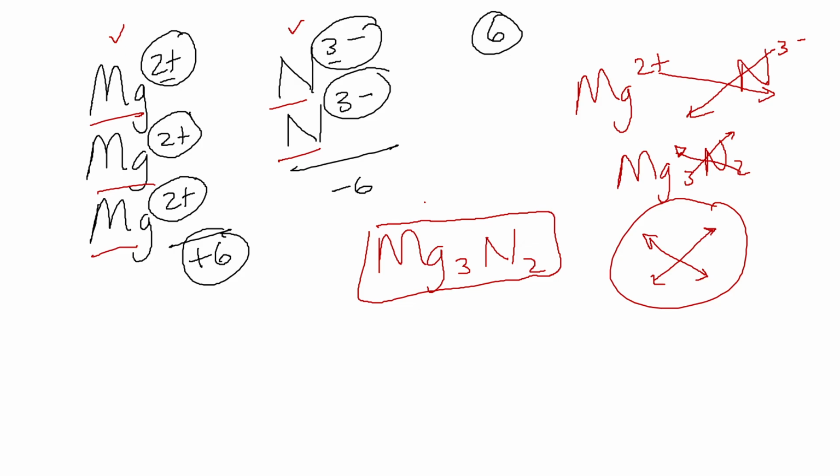So now that we understand how to put it together in the simplest way when we have a type 1 compound, let's talk about the naming part of it. So when we have that type 1 ionic compound, as I mentioned before, we have our metal and our non-metal.